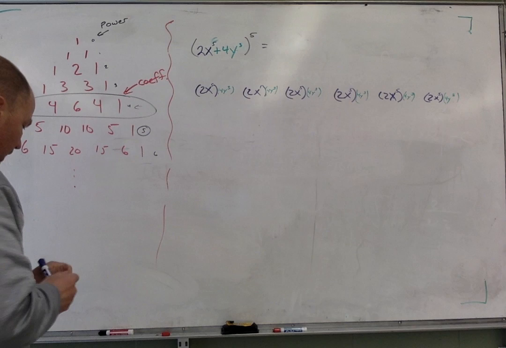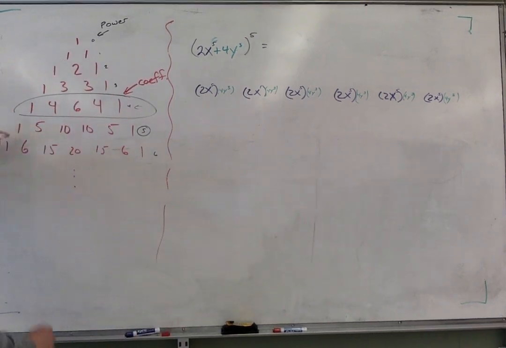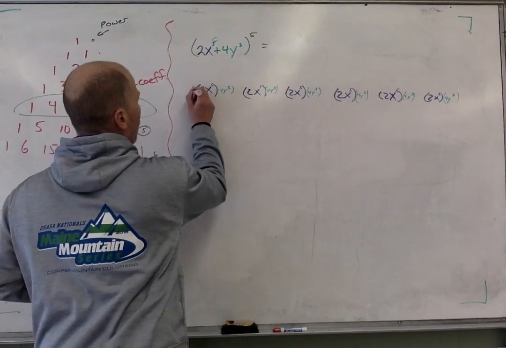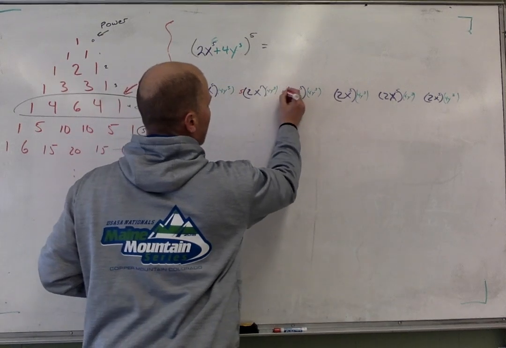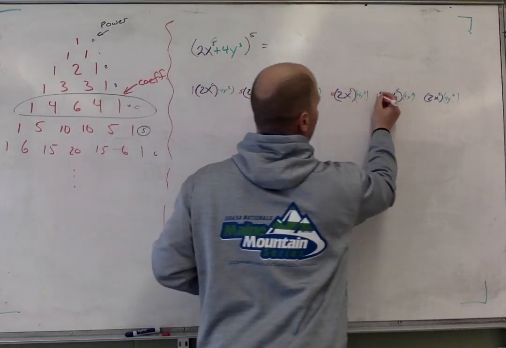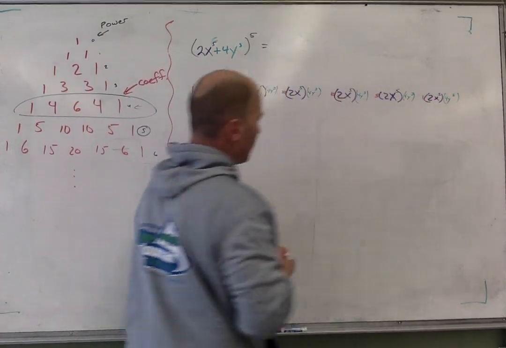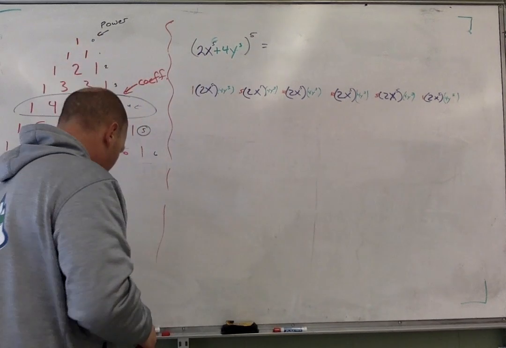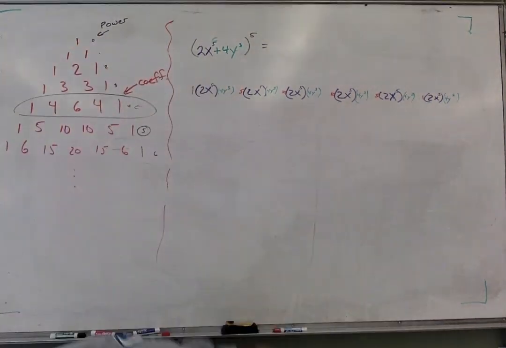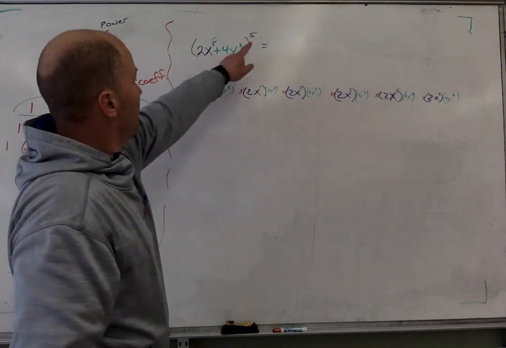Next, I got to go back and fill in the coefficients. 1, 5, 10, 10, 5, 1. Those are my coefficients. And lastly, I'm going to grab the black marker again, and I'm going to put in my powers.